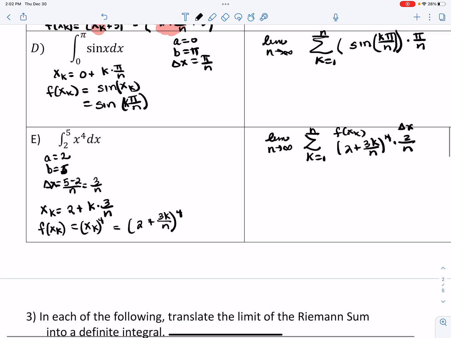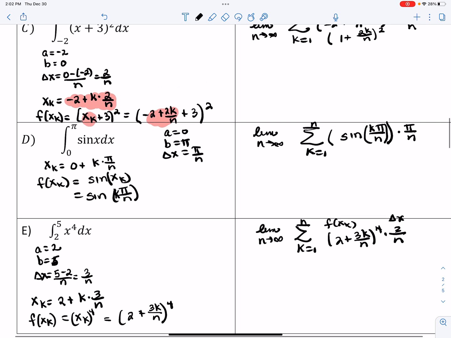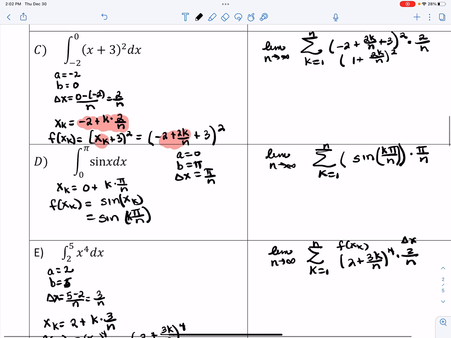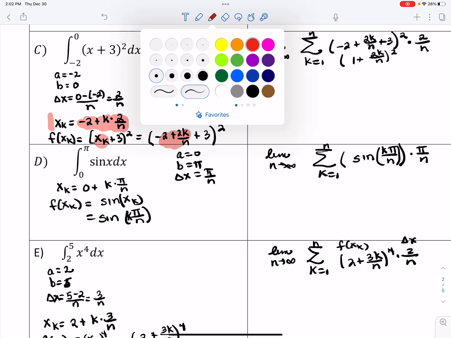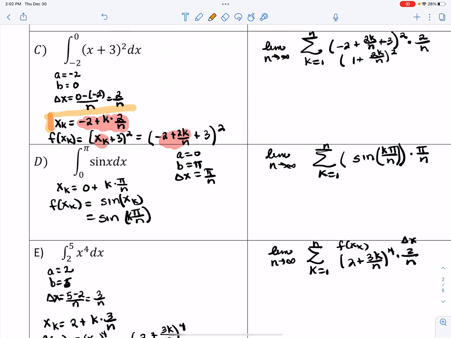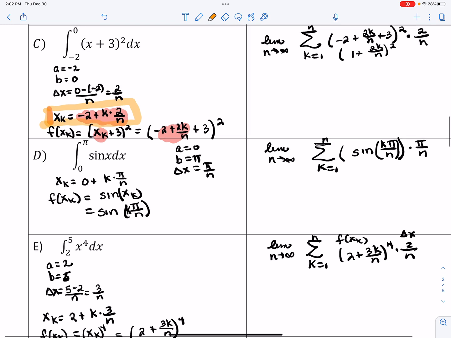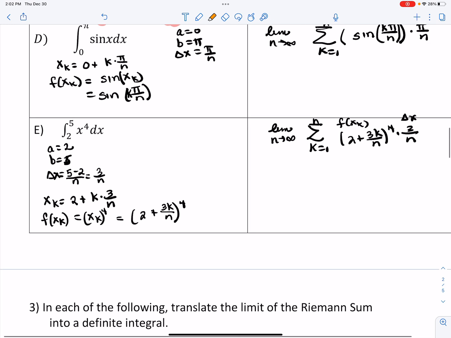Now, going the other way is more complicated because if we look at the problems above, x sub k always has k's and n's in it. Let's look at our x sub k's. I'm going to highlight this in orange. X sub k always has k's and n's in it.